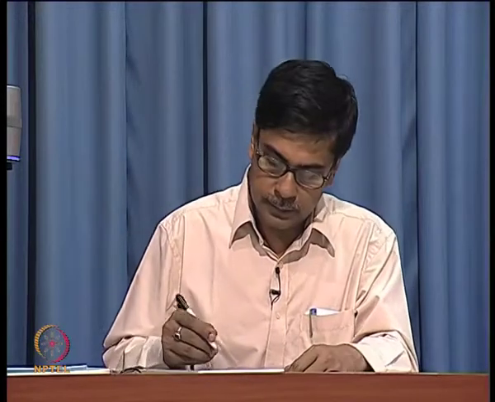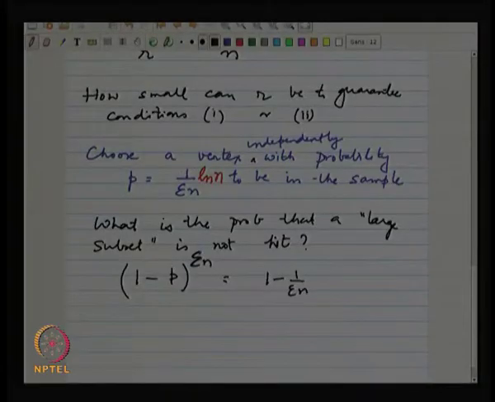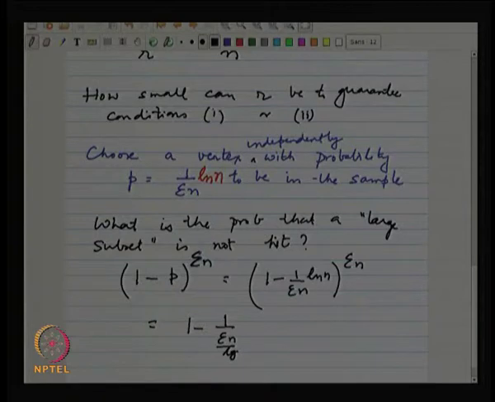So, let me work with just the epsilon n subset. That is 1 minus 1 over epsilon n log n to the power epsilon n, or I can rewrite this as 1 minus 1 over epsilon n over log n to the power epsilon n over log n, to the power log n.